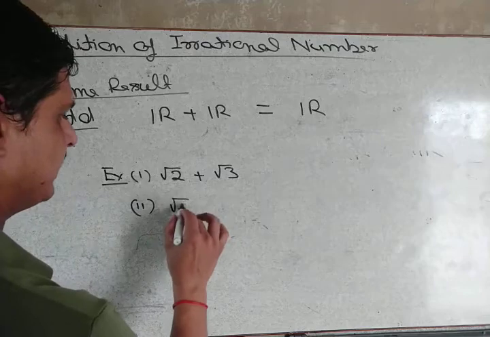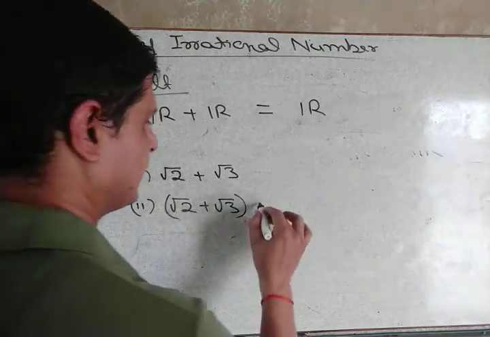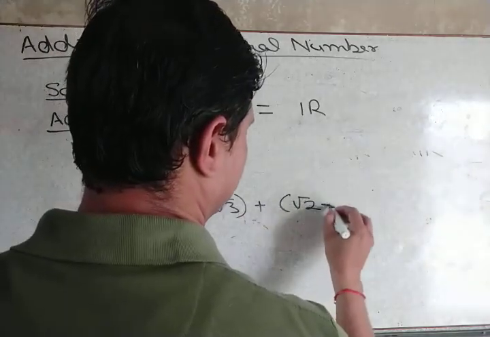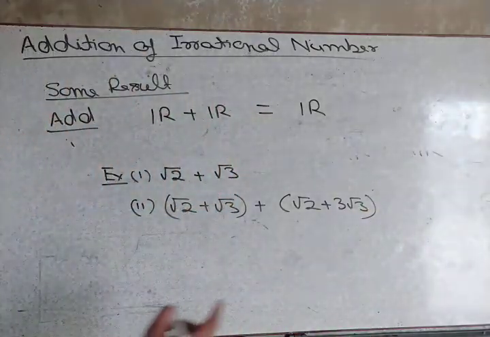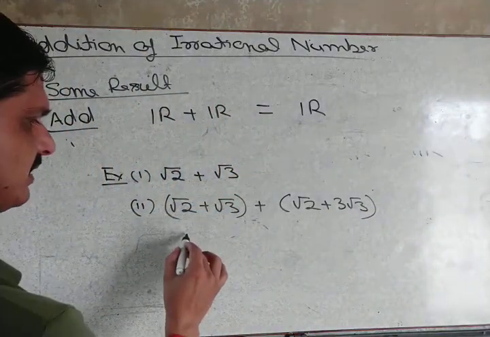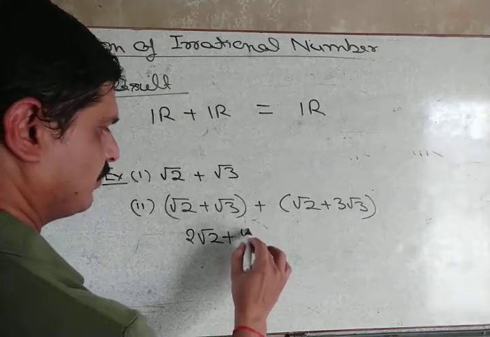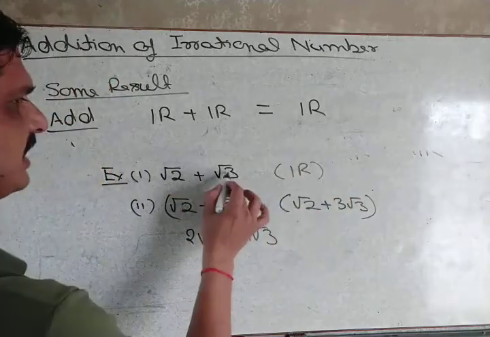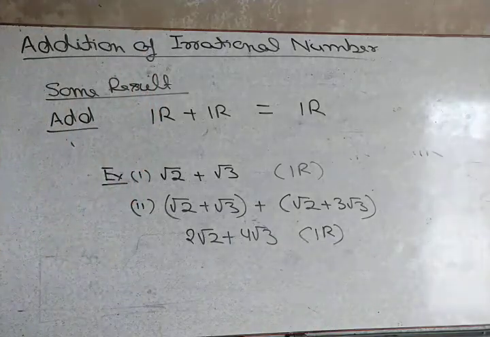When we add this irrational number with this irrational number, then what is the result? The result is 2 root 2 and 4 root 3. Again irrational. When we added two irrational numbers and again added two irrational numbers, the result is irrational.